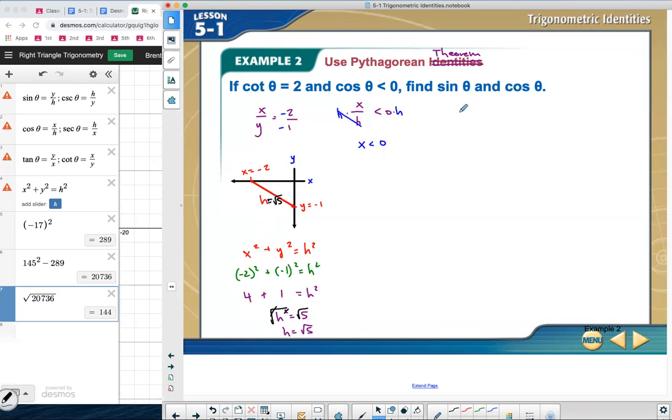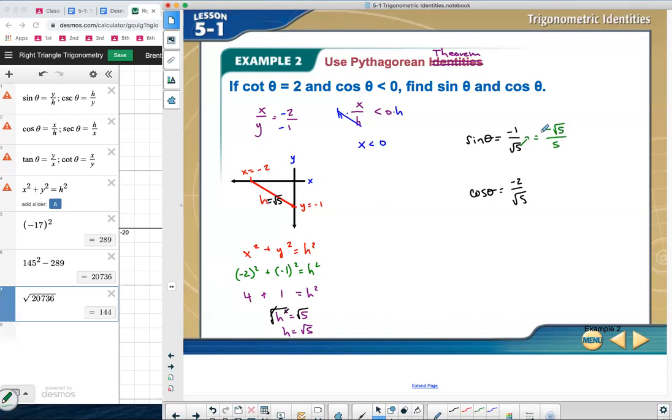So to find sine and cosine, I just use those identities right there. Sine is y over h, so it'd be -1 over square root 5. And cosine is x over h, so it'd be -2 over square root 5. Because we don't leave a radical in the denominator, I'm going to shoot it up. Basically what I'm doing is multiplying top and bottom by the square root of 5. And so I get -1 square root of 5 over 5.